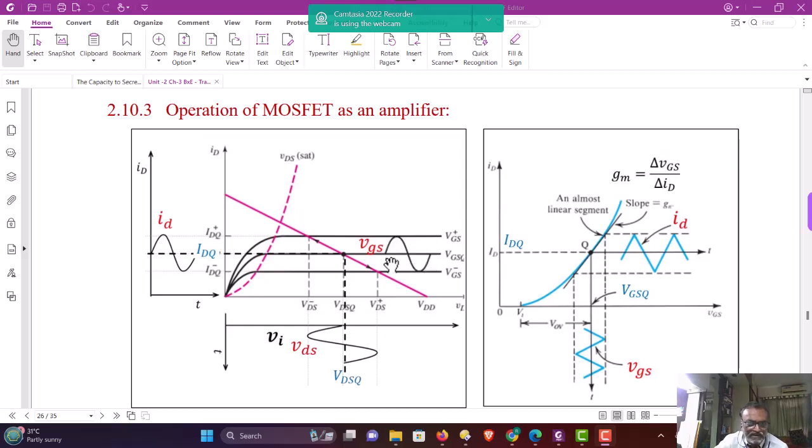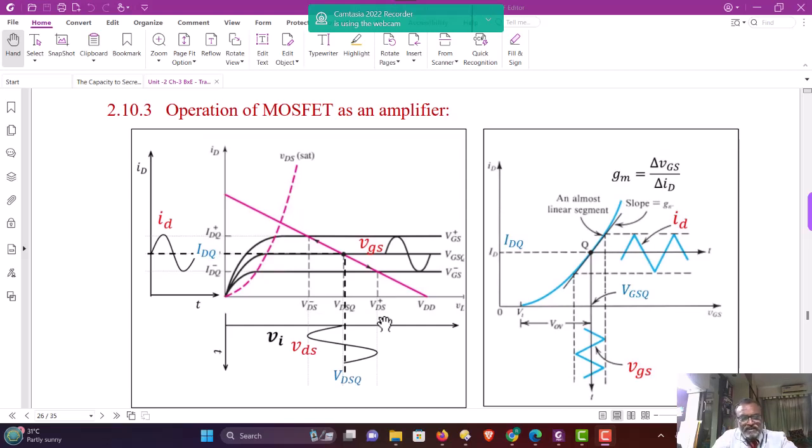Now when the input changes in the positive half cycle, the operating point will be moving from this location towards the left on the load line, and accordingly it traces various points. The corresponding projection on the ID axis gives the values of drain current, so we will plot the drain current. If the VGS value changes sinusoidally, the drain current also changes sinusoidally, and the corresponding drain to source voltage is changing.